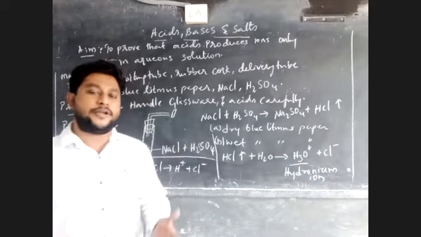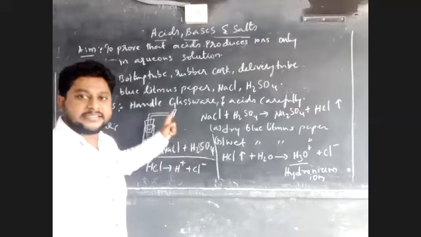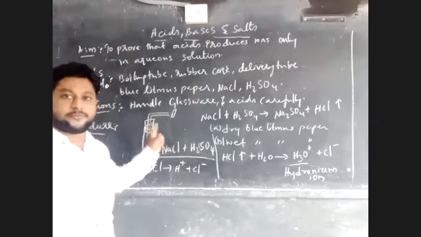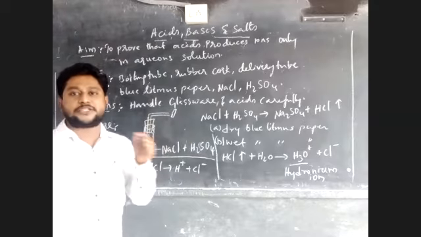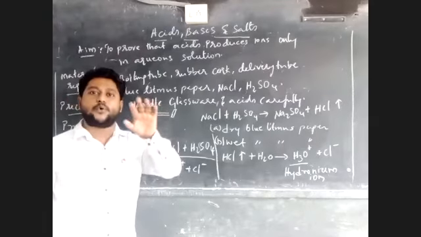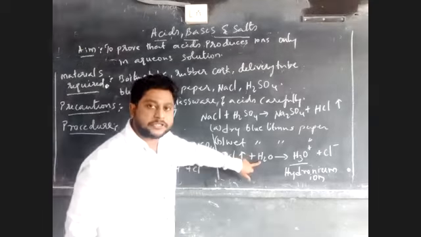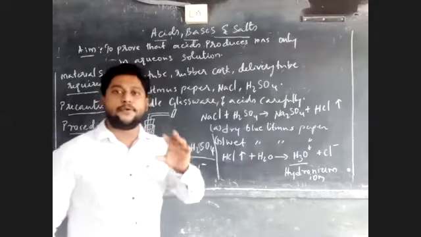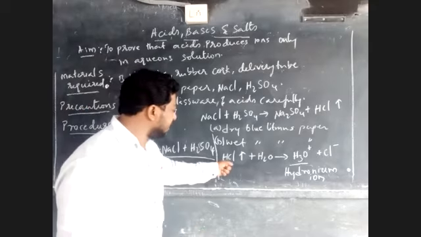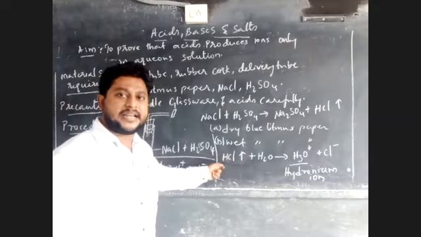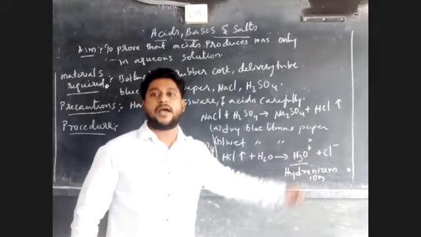What is happening when you bring a wet blue litmus paper? The HCl gas that is evolved from this boiling tube, which is coming out through the delivery tube, reacts with the moisture present over the blue litmus paper. The hydrogen ion from the HCl gas reacts with the moisture to form what?